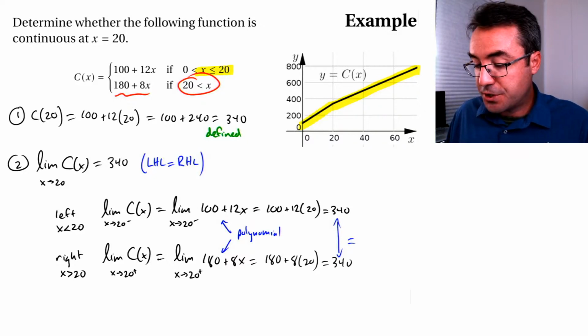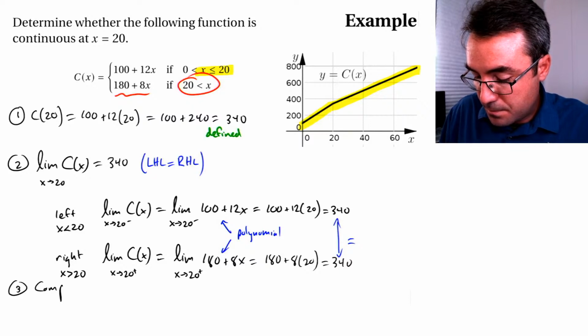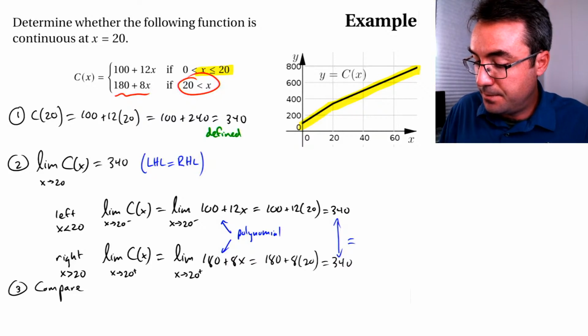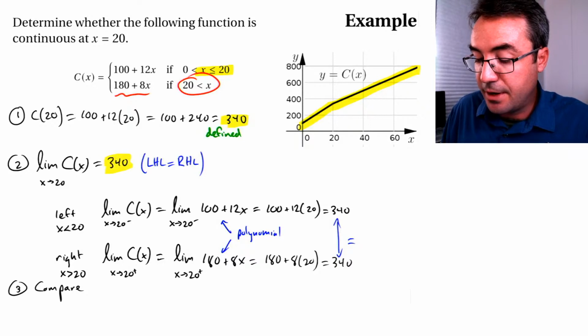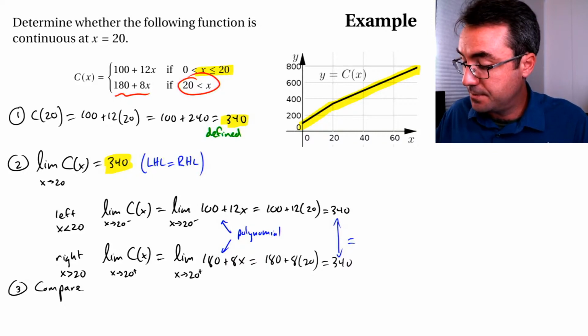And then finally, we just compare. And what we see is that the value of our function, 340, is equal to the limit of our function, 340. And so because those are the same, our function is continuous.